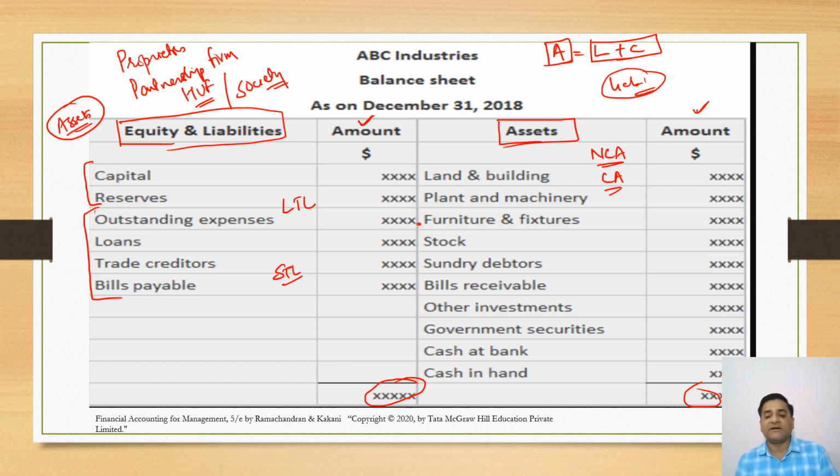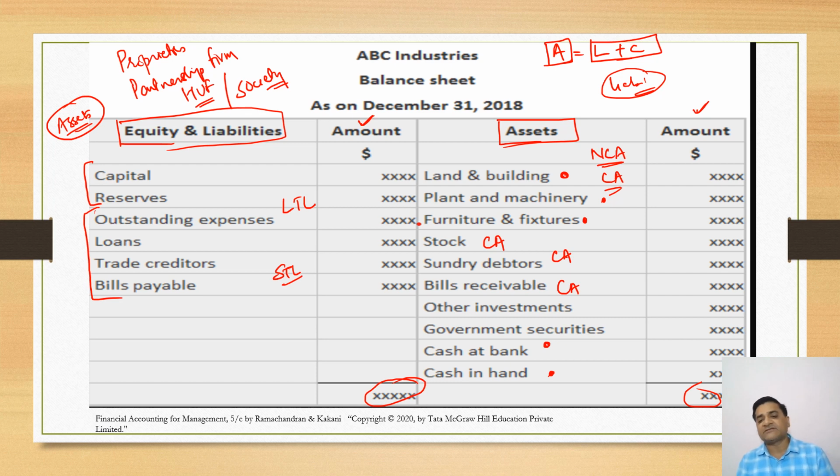The examples of current assets are, say, cash at bank, cash at hand. And the examples of non-current assets would be land, building, plant and machinery, furniture and fixtures, things like this. Stock is your current asset, debtors are your current assets. Receivables, again current assets, like this.